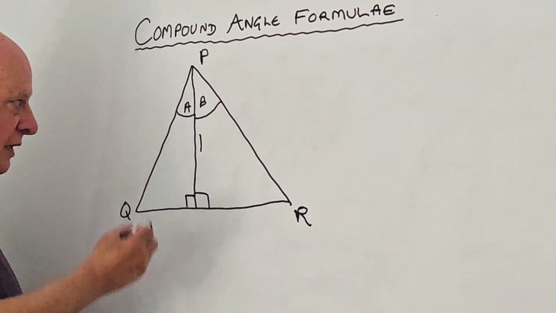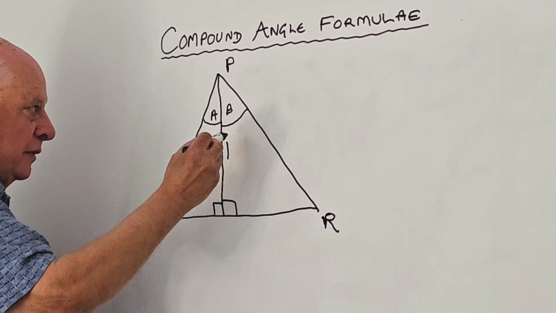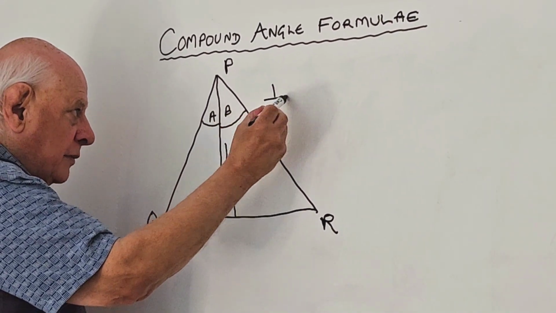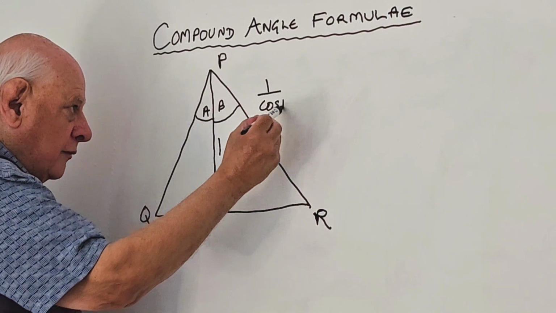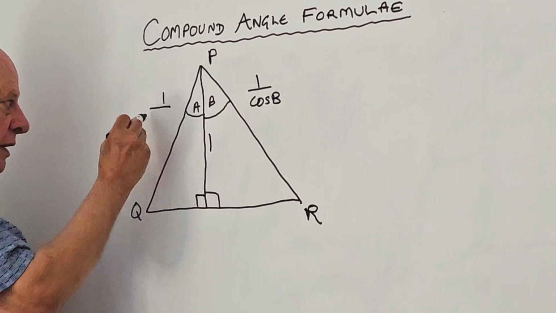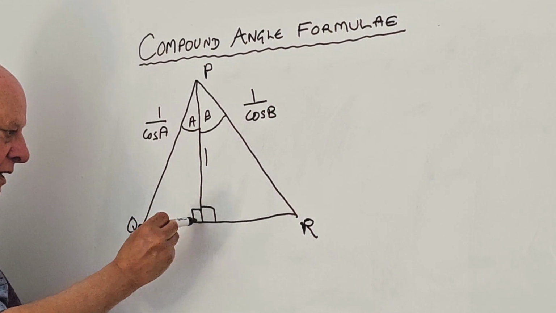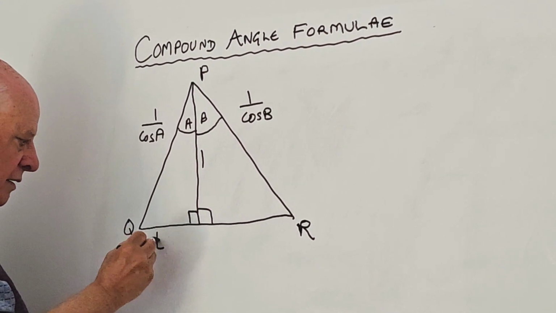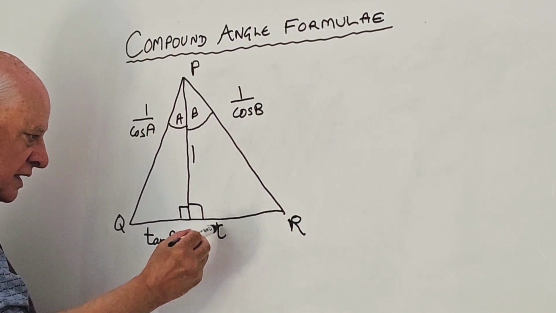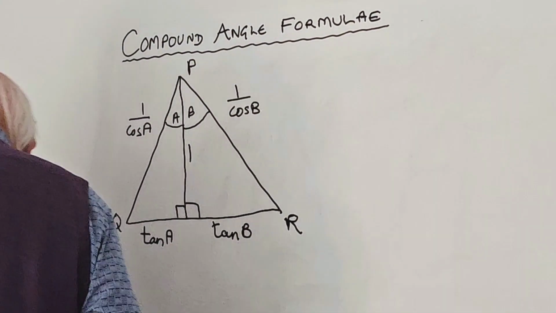And the length of this side here will simply be, using basic trigonometry, 1 divided by the cosine of B. And similarly here, this will be 1 divided by the cosine of A. Well, this bit here will simply be tan of A, and this one will be tan or tangent of B. Right.